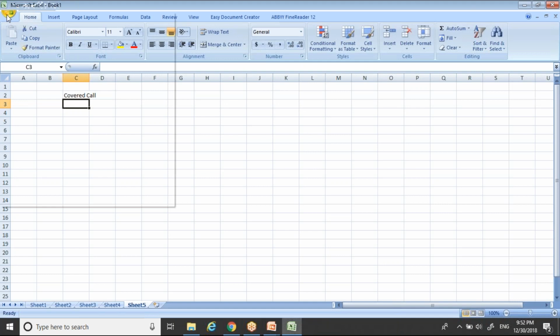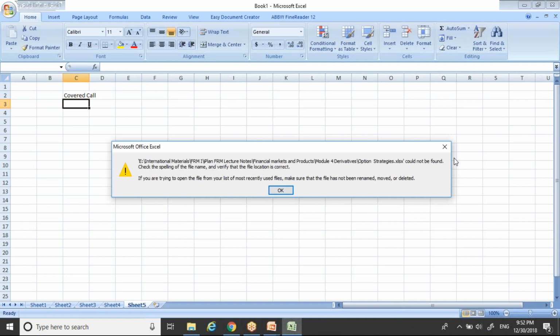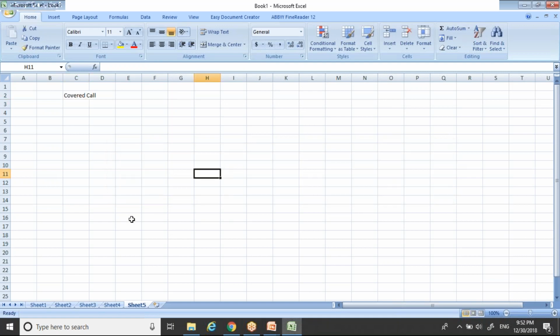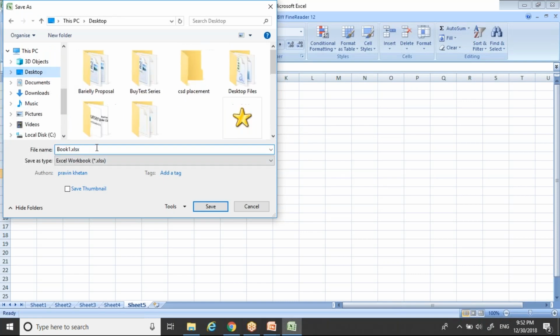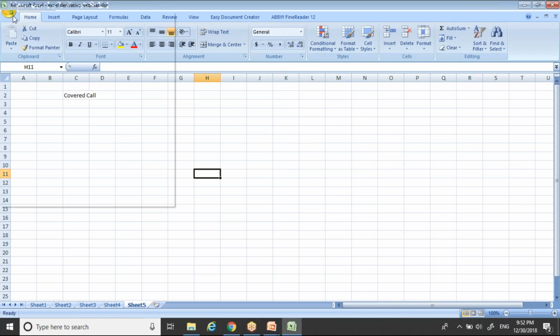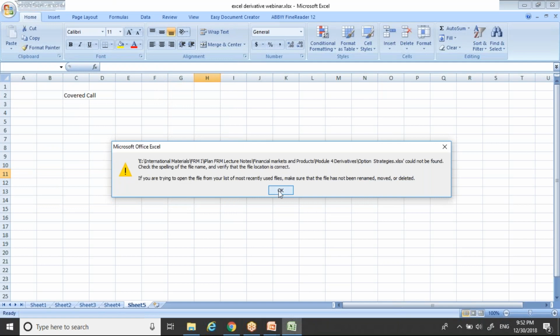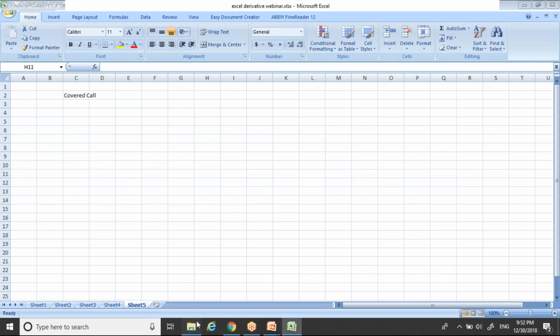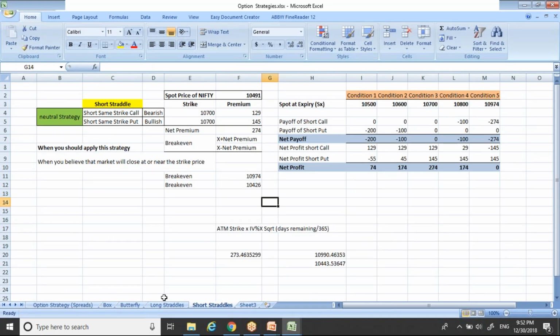Let's suppose I have the option strategies PPT. Hold on a second, let me save this sheet. If you need it, I can share it with you. Covered call, we don't have it here.